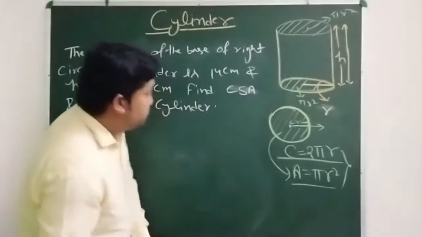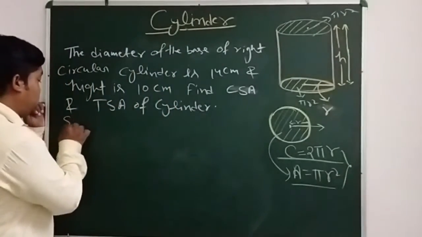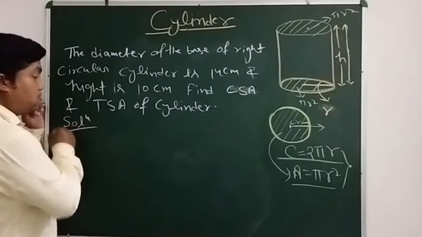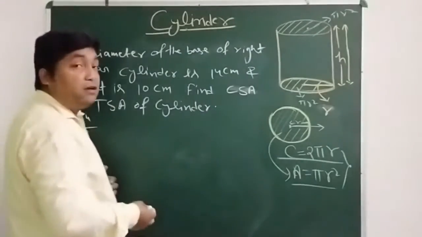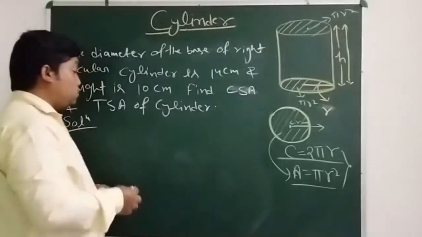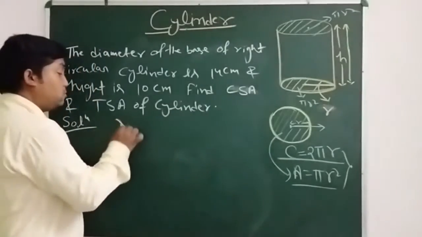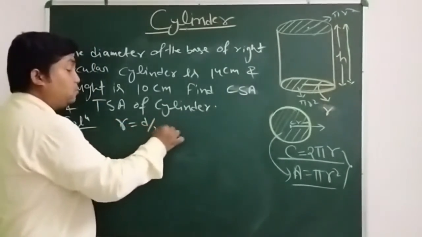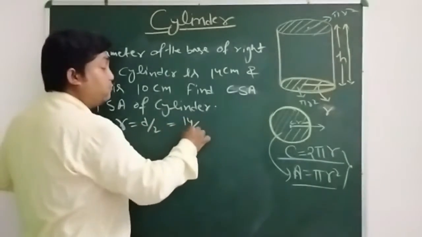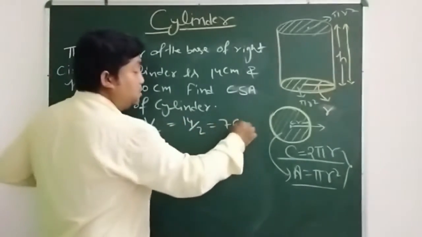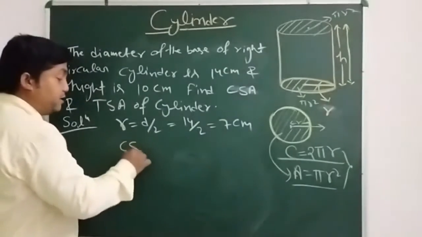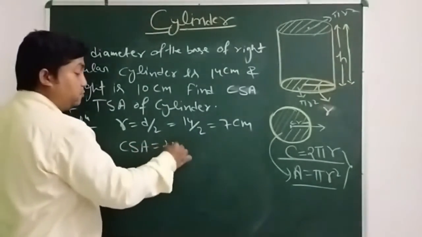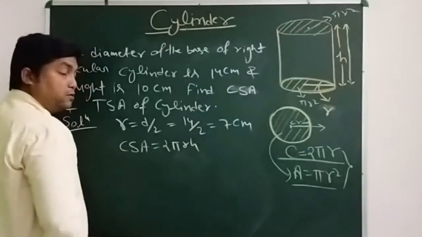Okay, so for the solution, we are given the diameter. In the formula we have the radius. So radius is equal to diameter upon 2. The diameter is 14, so 14 upon 2 is equal to 7 centimeter. The formula of the CSA we know is 2 pi r h.